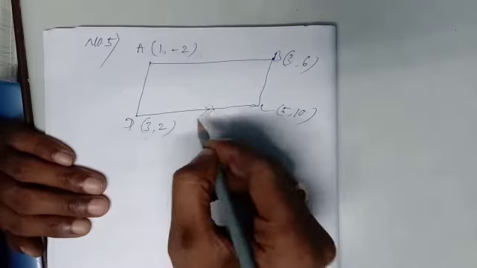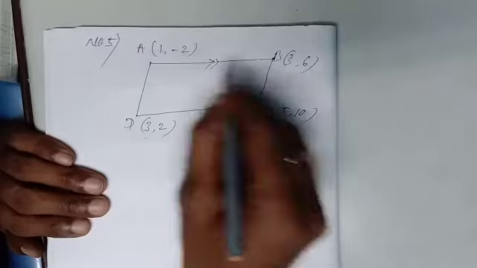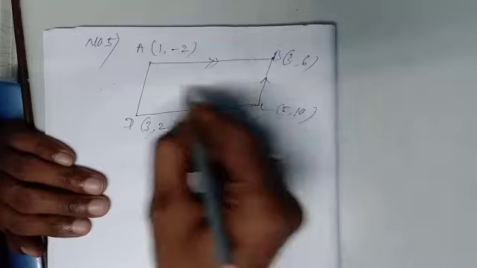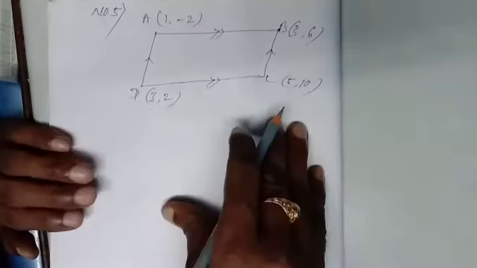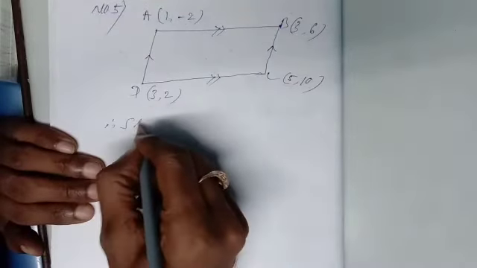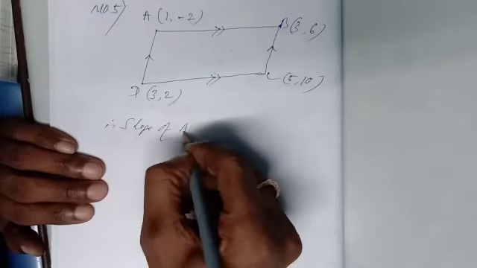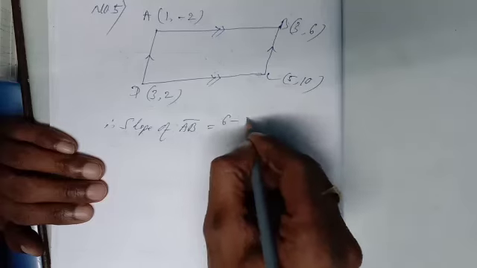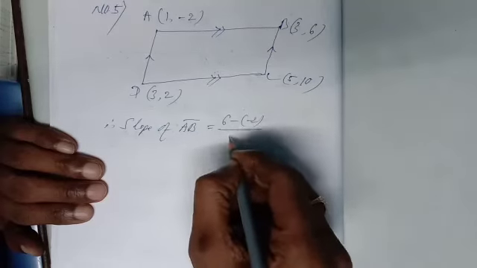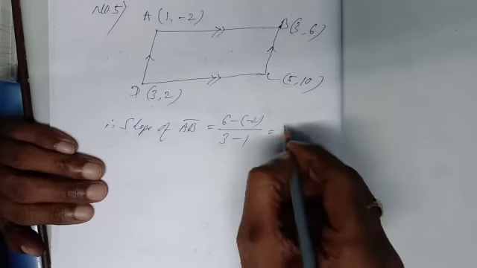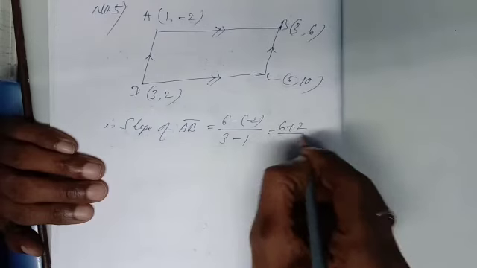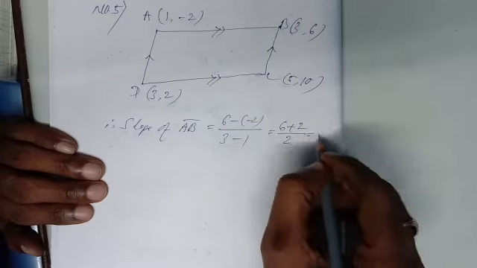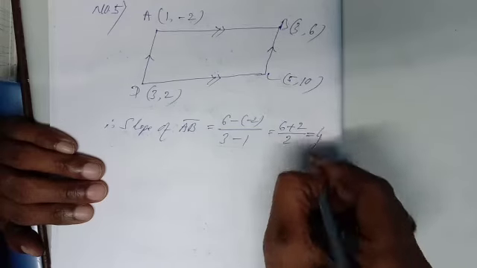Means if the sides are parallel to each other, slope of AB is equal to slope of CD and slope of BC should be equal to slope of AD. Let us see one by one. Slope of AB means (6 - (-2)) by (3 - 1), that is 8 by 2, which means 4.